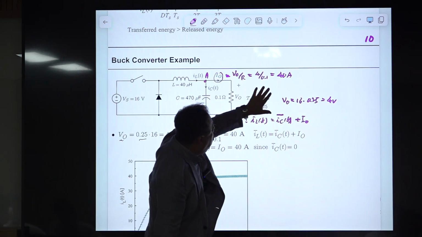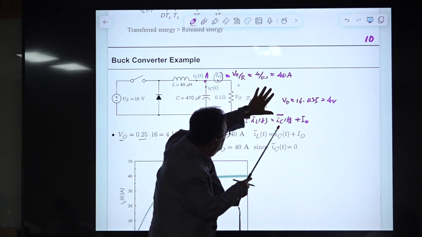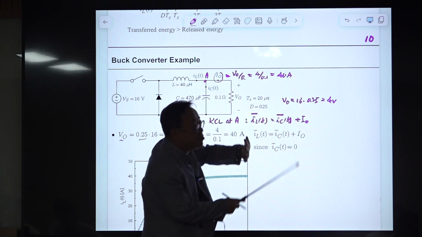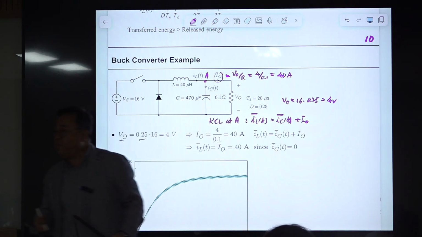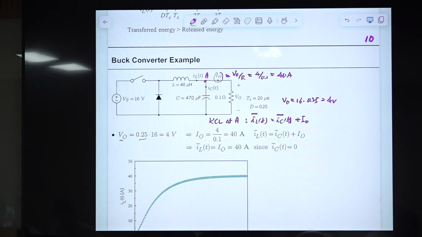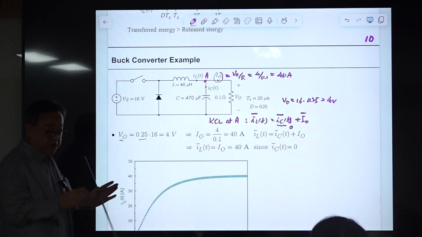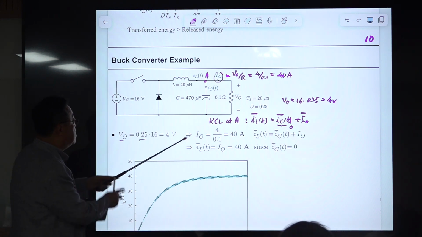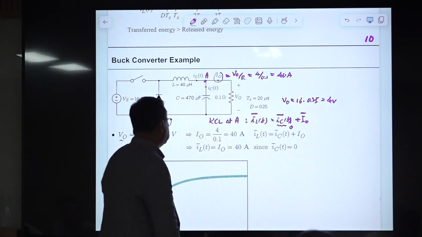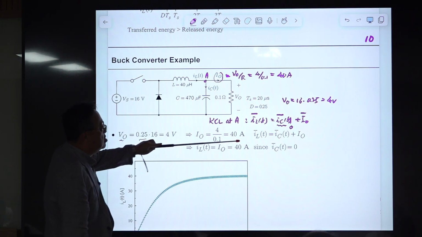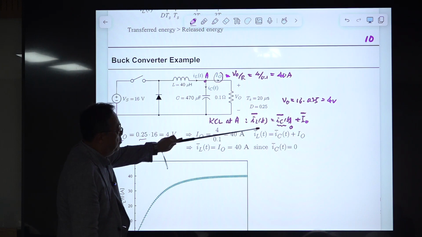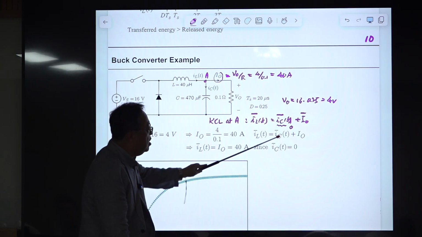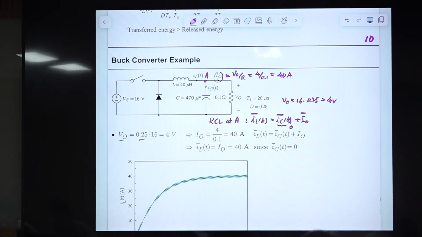This KCL holds for the instantaneous waveform, and it should hold for the average version of this. IO is already DC, and this is 0. The average value of the capacitor current should be 0, so this is the same as this. That is written here: IO is this one, IL average equals IO plus IC average, and this middle term is 0.